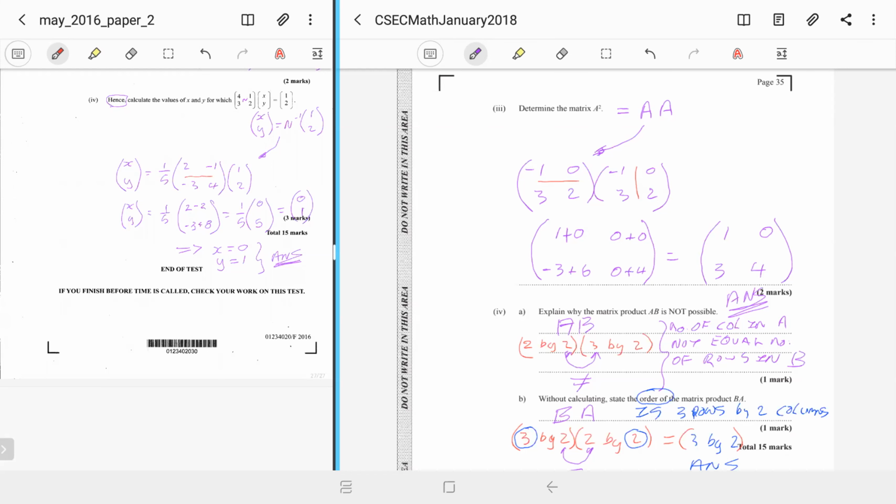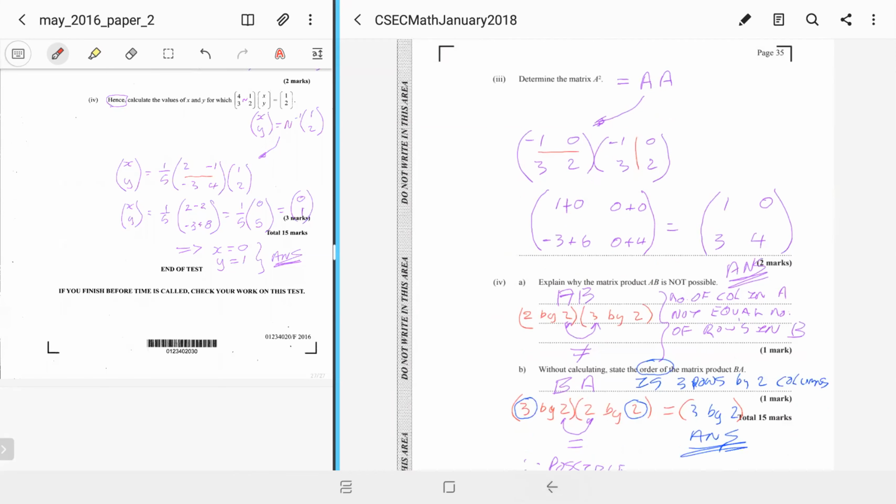More maths equals better maths. Let's go again. All right. The next one is, we'll do 2 more and we'll call it a day.